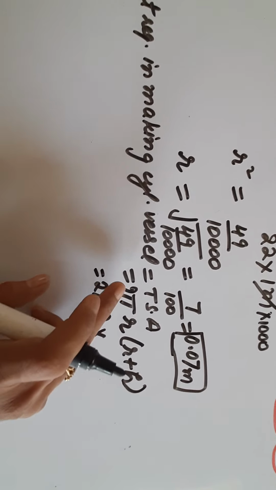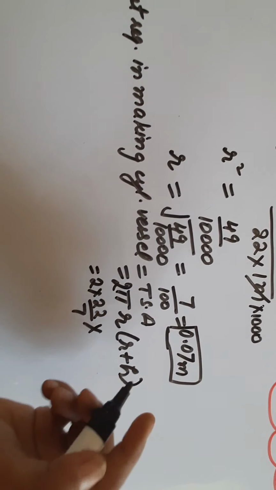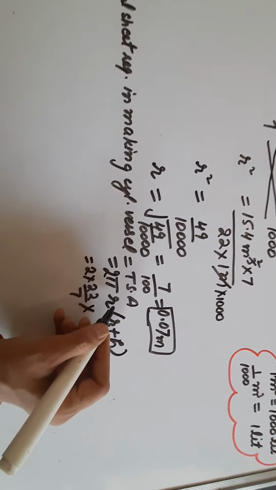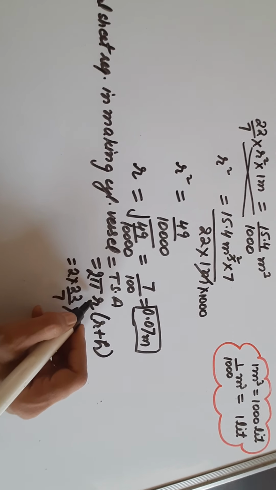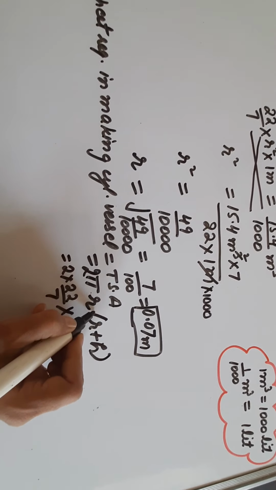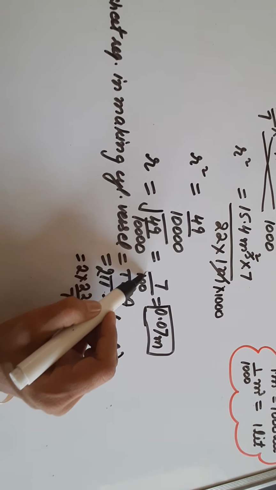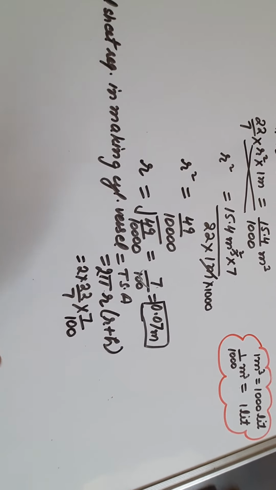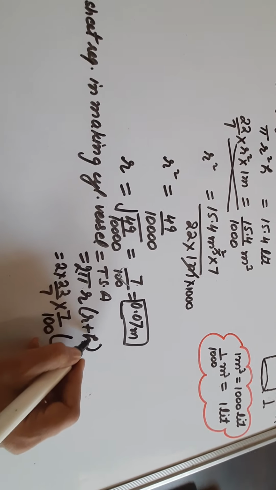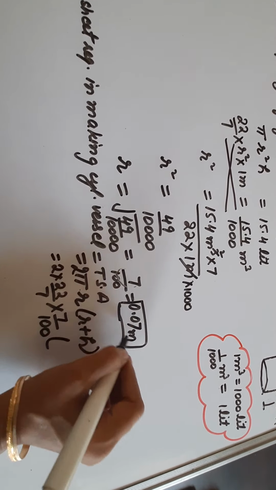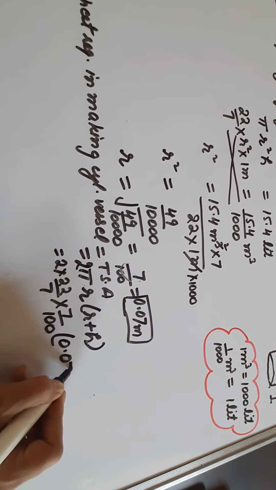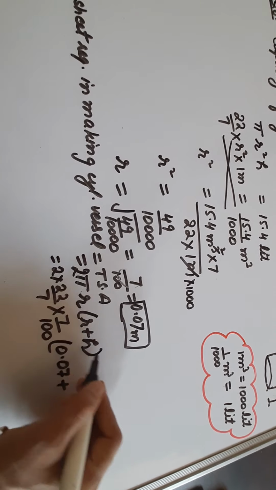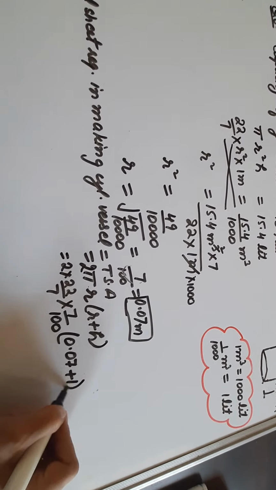So 2 into pi r. Dear students, here this r. Now let me tell you about the calculation. This radius is in multiplication, so here we can put the fraction value to make the calculation easier. But within the bracket it is an addition, so the decimal value will be easier to put.